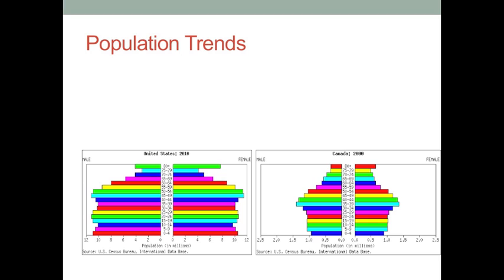That is, the base of the pyramid is roughly equivalent to its shoulders, and then it slopes in towards the old age. In contrast, if we look at Canada, we notice that the base of the pyramid is actually somewhat inverted. That is, it's smaller in the youngest age groups and then goes out towards the middle age groups and then again declines towards the higher ages. This is also consistent with what we saw in terms of the total fertility rates.